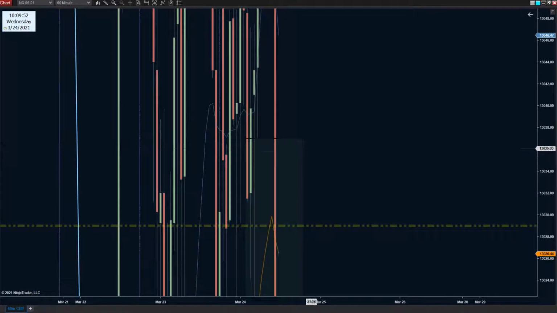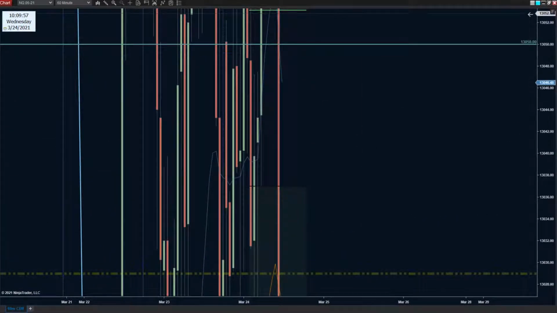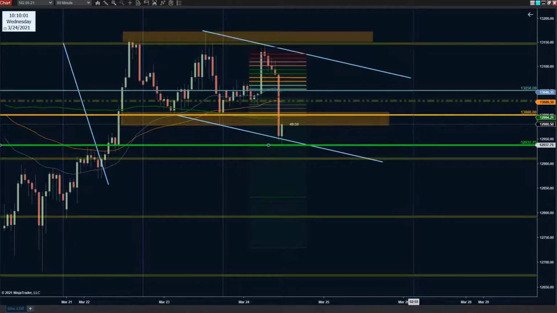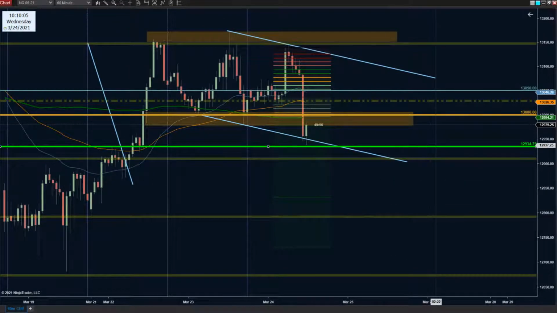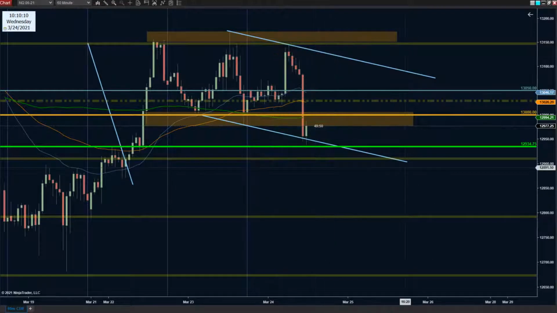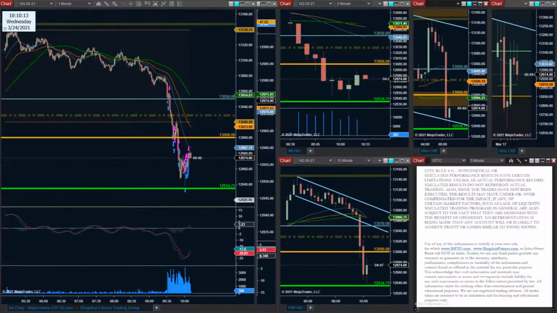The amount of ticks on the NASDAQ is ridiculous. All right. There. So 34.75 would be the full deviation move to the downside.